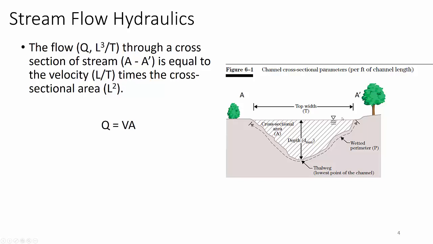So we see that's A to A prime, looking downstream, left bank to right bank. The prime is usually the right bank. Q is equal to the velocity, L over T, times the cross-sectional area, which is L2, from a dimensional perspective. And that's how we get L3 over T.